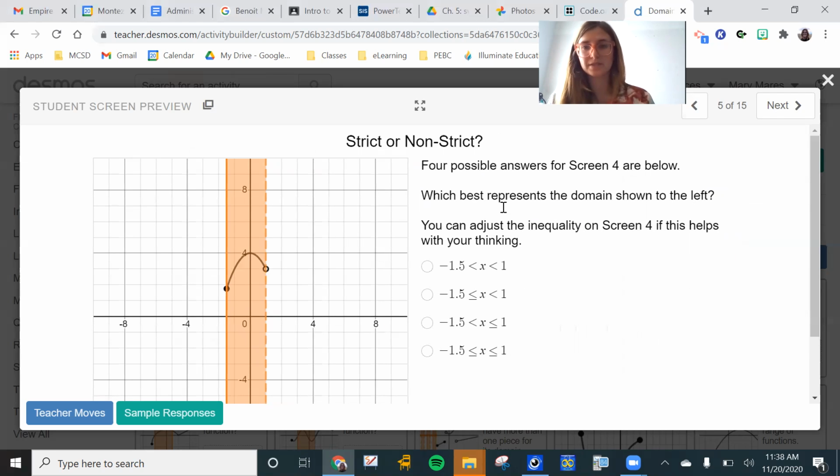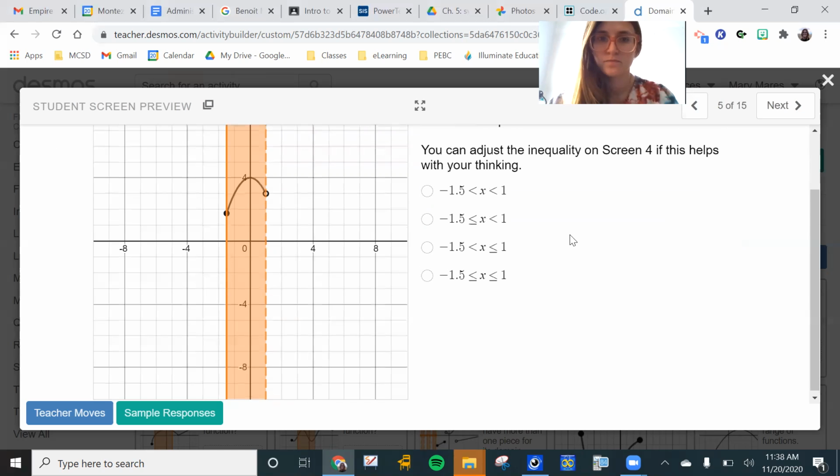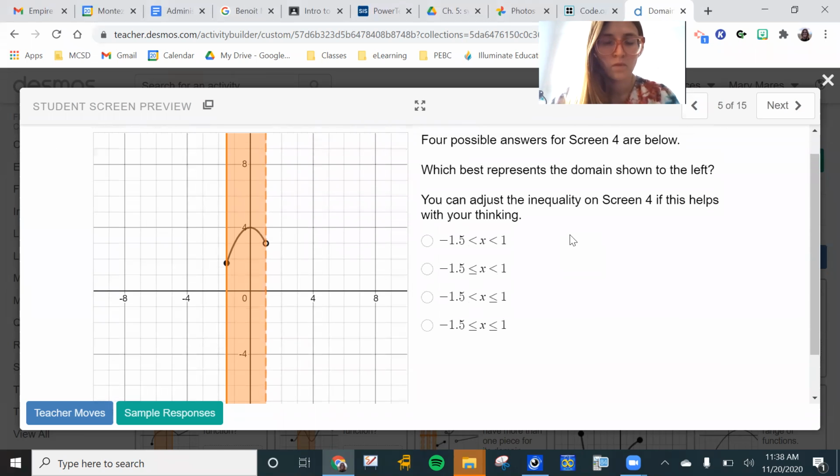Which best represents the domain shown to the left? They're all the same? No, they're not. I thought they were all the same thing at first. So again, I want to go from negative 1.5, and I want to include negative 1.5 and go all the way to 1.